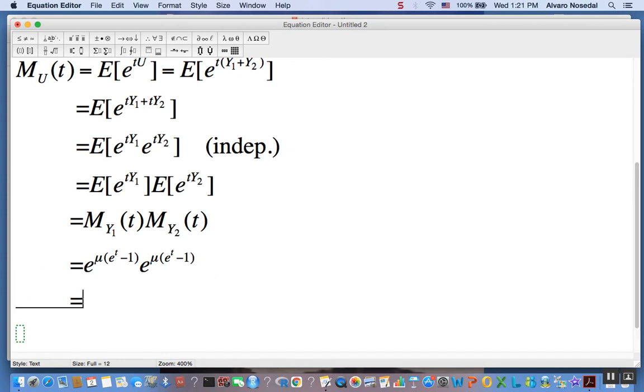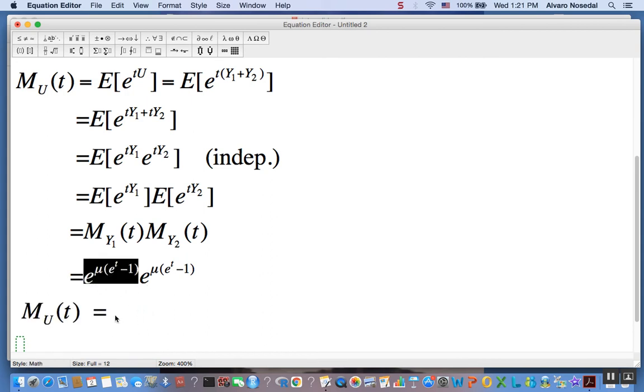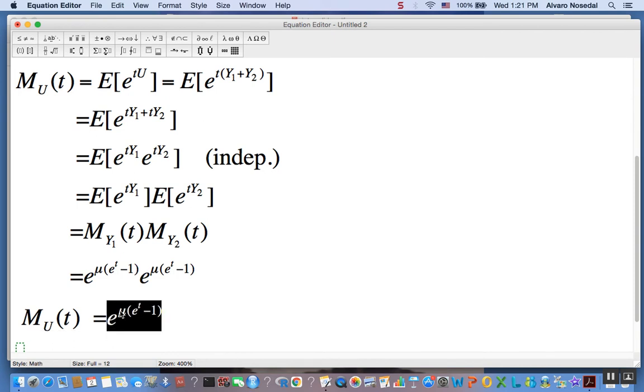So in the end, what we have is that the MGF of a sum of two Poisson random variables with parameter mu is e to the power 2 times mu times (e^t minus 1).